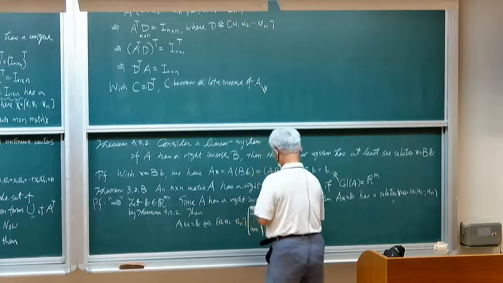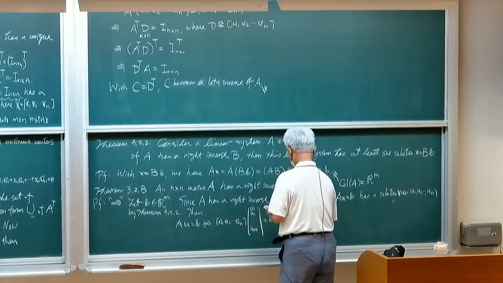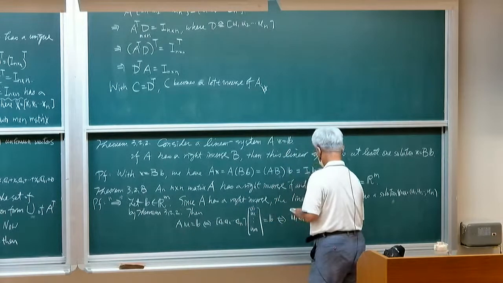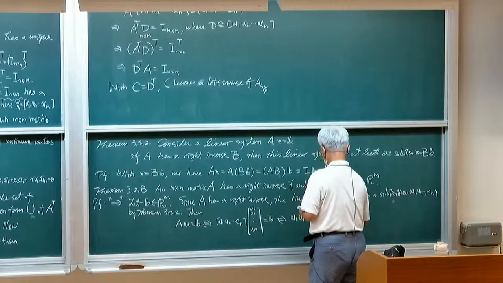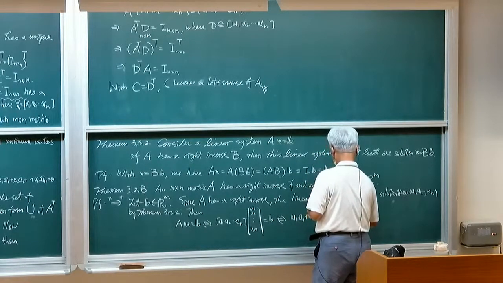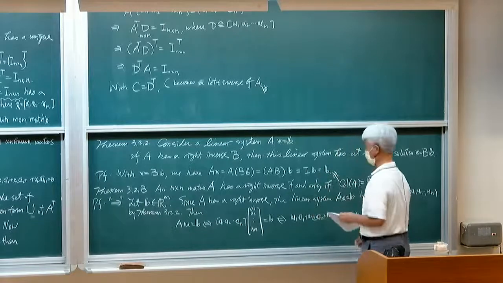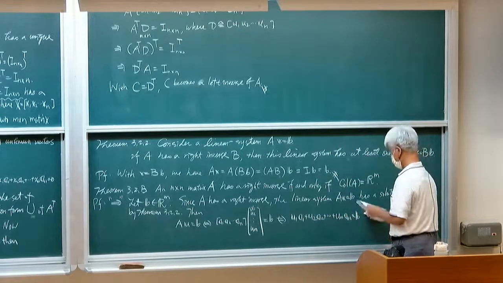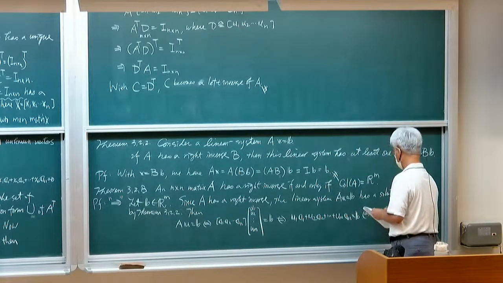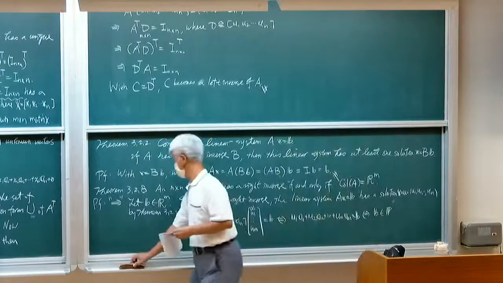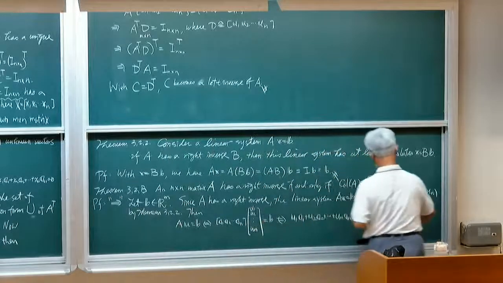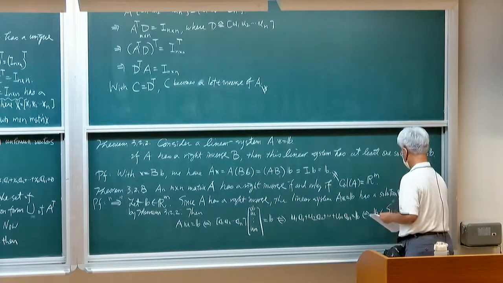So b can be written as a linear combination of the columns of A. So b is in the span of the columns, which is just the column space of A.